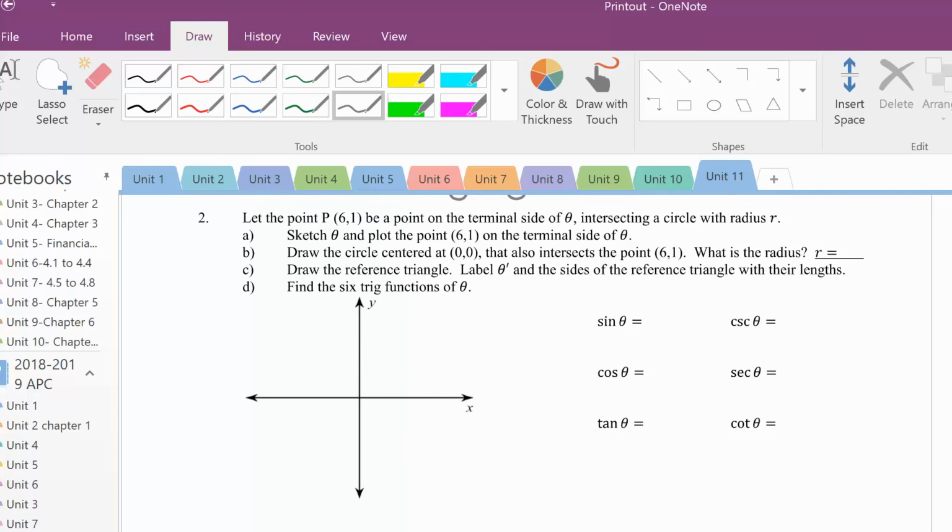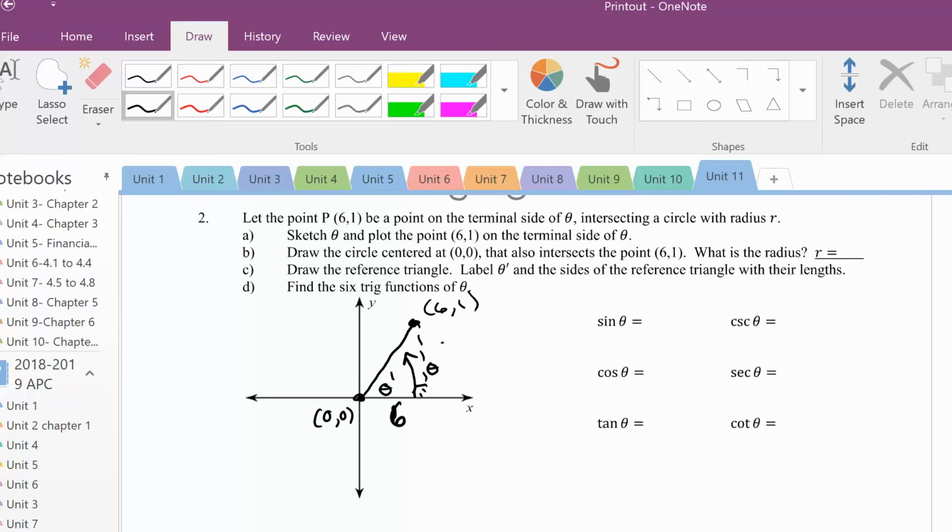So if you do the same thing for number 2 and sketch the point (6, 1), here's (6, 1). It starts at (0, 0). So this is theta. And the reference triangle is the same as theta. Right? So here's 1.